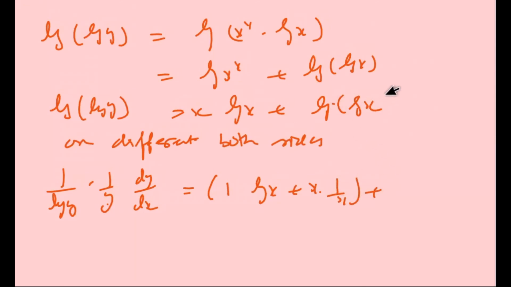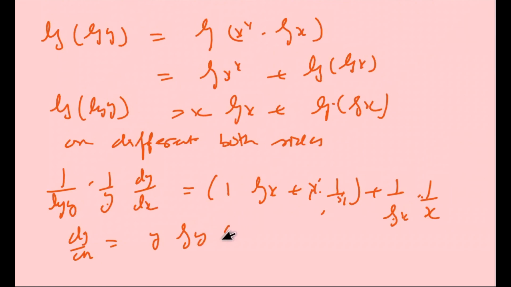Now here is a composite function, the differential of log x is 1 upon x. This is cancelled. Now you want to find dy by dx, so using cross multiply, dy by dx equal to y log y into log x plus 1 upon x log x.